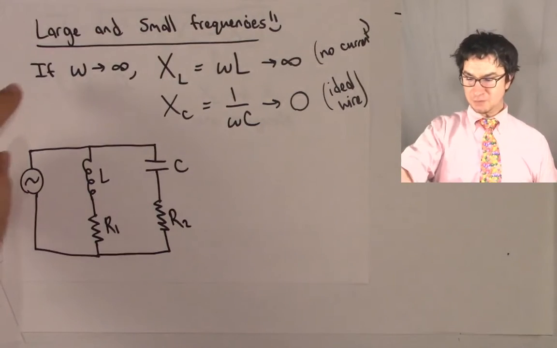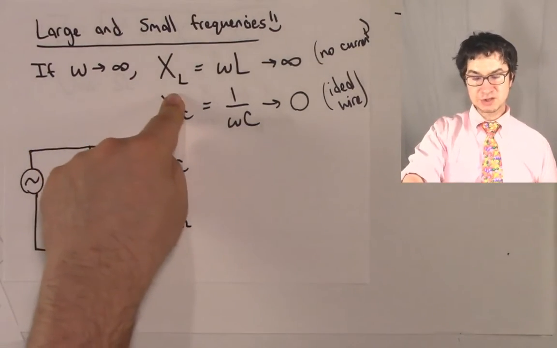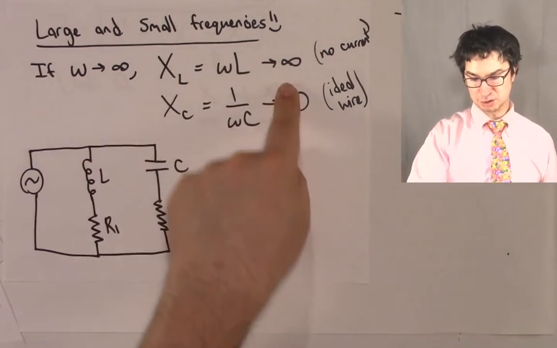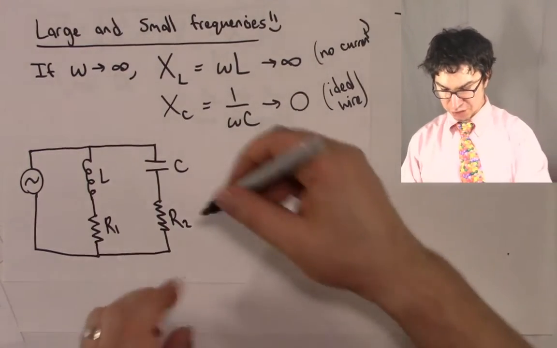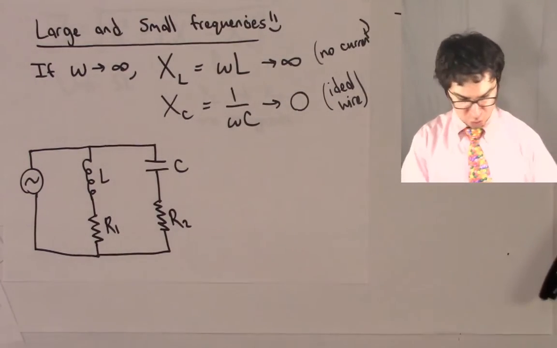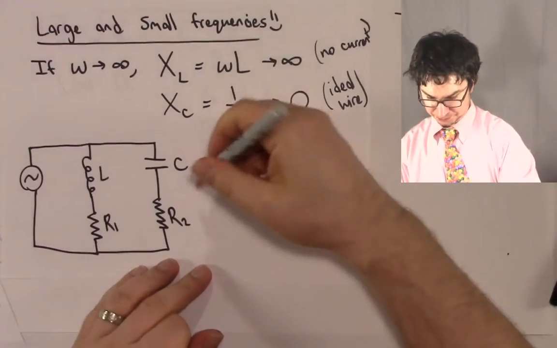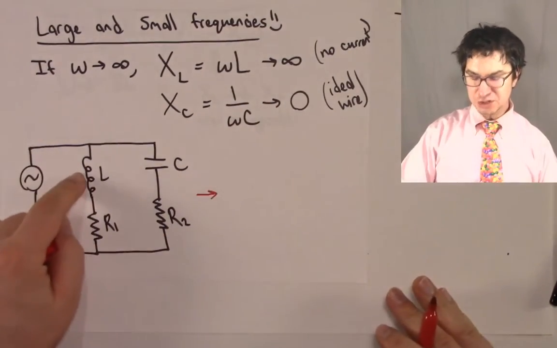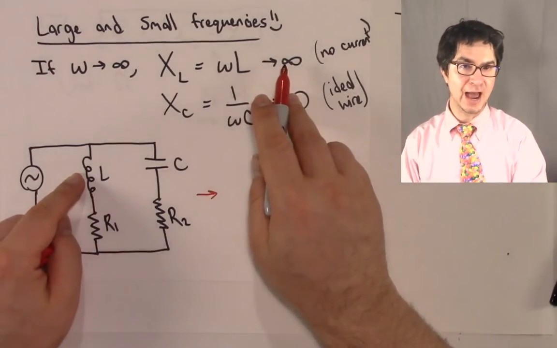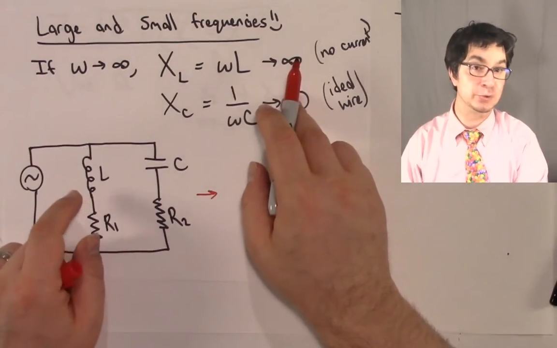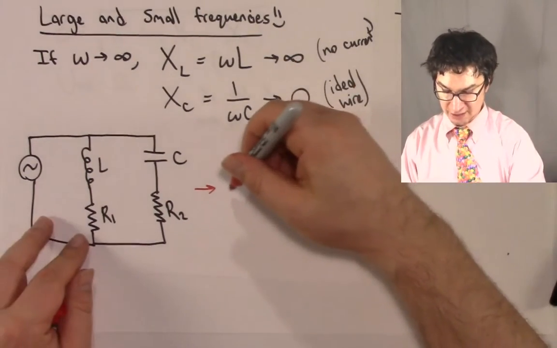If omega goes to infinity, this inductive reactance is going to approach infinity. So that means that in a new diagram, if the inductor has infinite reactance, current can't flow through it at all. So that's going to look like this.